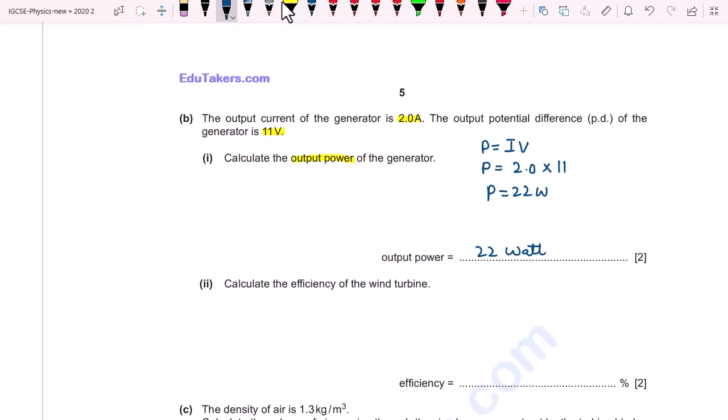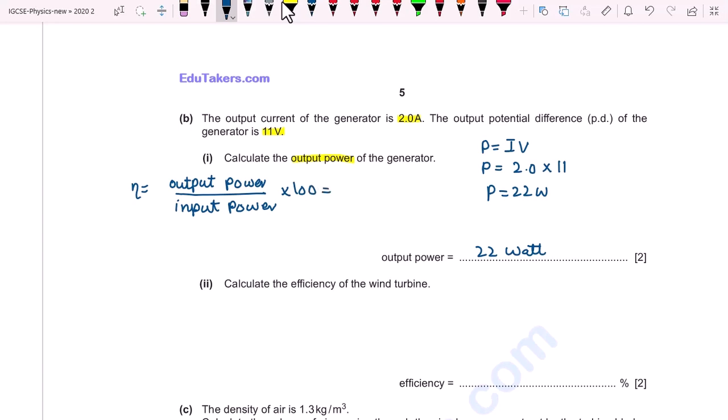Second part, calculate the efficiency of the wind turbine. Here we have to calculate the efficiency. We know that efficiency is basically the performance of the wind turbine, and it will be equal to, efficiency is represented by eta. It will be equal to output power divided by input power multiplied by 100.